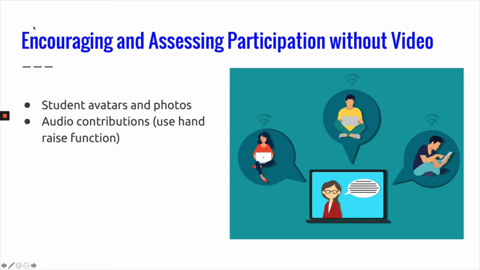We're so depleted from being on screens, basically. So interestingly enough, that was a really excellent discussion, and none of them ever went on camera. They used the hand raise function, and they gave their contributions via audio. There was a little bit of us all adjusting to figuring out who was speaking when, but we figured it out, and we had a great discussion. So that can be a really robust way to continue the conversation.